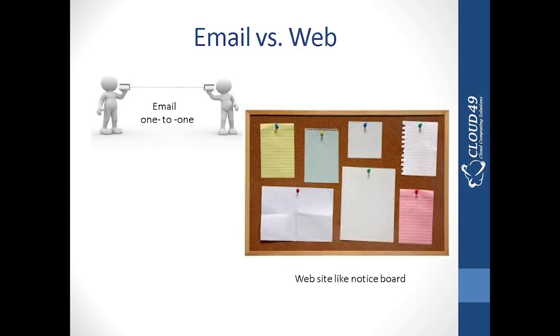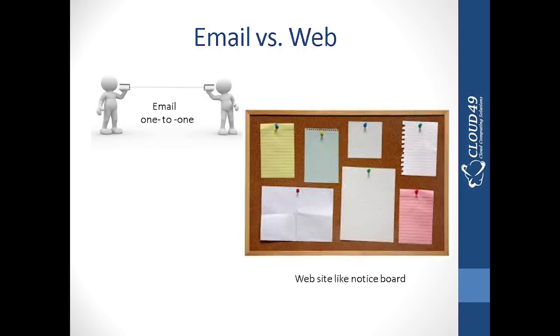Now, what is the difference between email and a web page? It's very important. People often have no idea about the difference between mail and a web page. Mail is communication. You want to send information to someone else, and this type of messaging is called one to one. If you send information, it comes to me only, not to others.